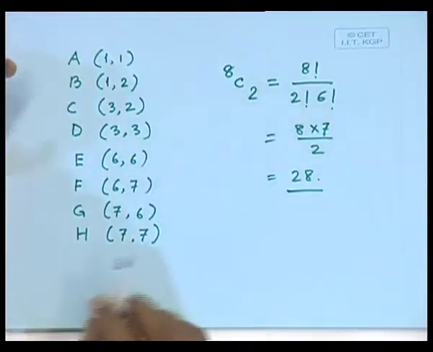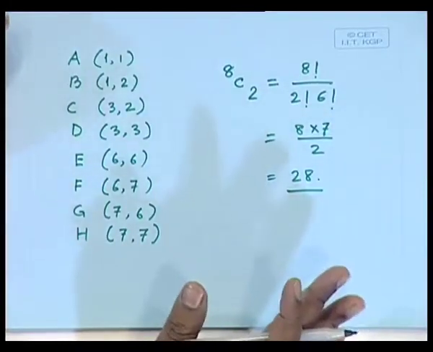So, maximum I can have 28 edges within this graph, as the graph is completely connected. And for each of these edges, I will have a weight which is nothing but the Euclidean distance between the corresponding feature vectors.